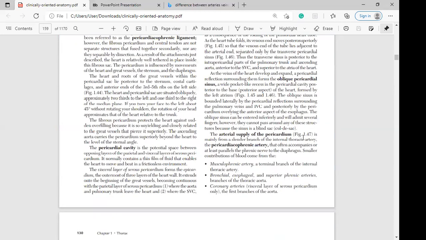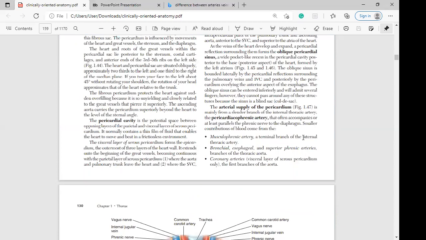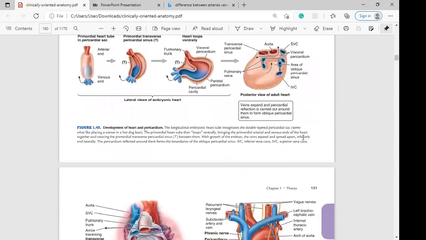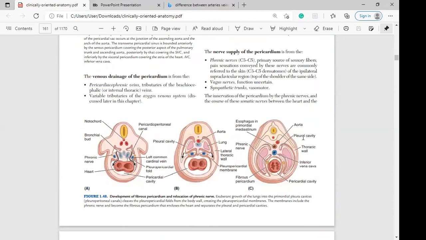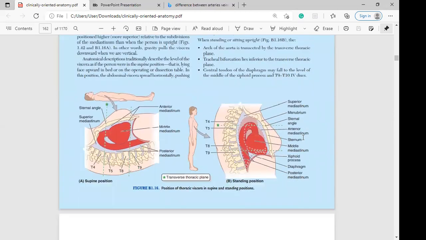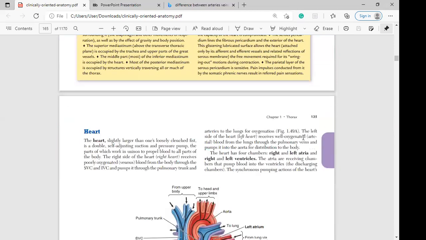So the heart is located in the pericardial cavity. Yeah, this is it. And later we'll look at the blood supply and the nerve supply to the pericardium. We'll look at all of that later. What I want to show you is on page, yeah, good.